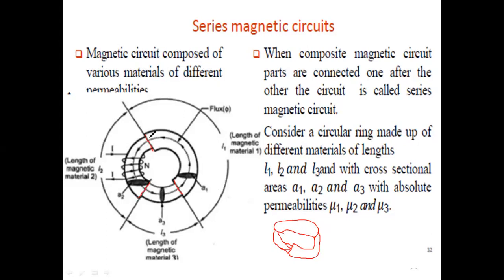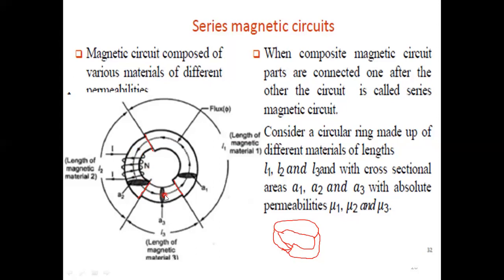In the circle, see here, its cross-sectional area is more. Comparing with this, the cross-sectional area is very less here. Comparing to this material, this cross-sectional area is less again.